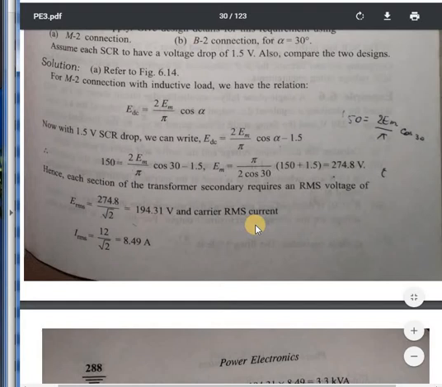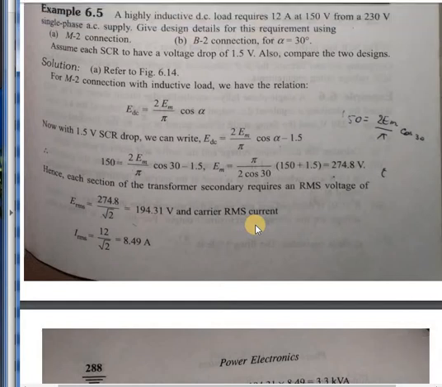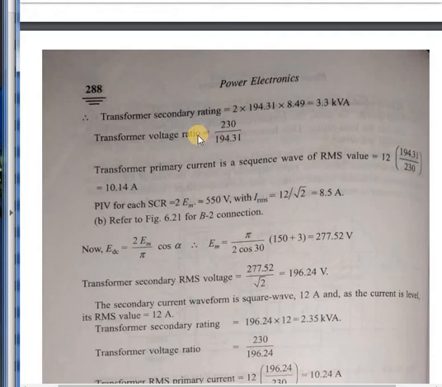Now from this you have to find out the ERMS. So how will you calculate ERMS? ERMS is equal to 274.8 by root 2, which is equal to 194.31. And your IRMS is 12 by root 2, that is 8.49.